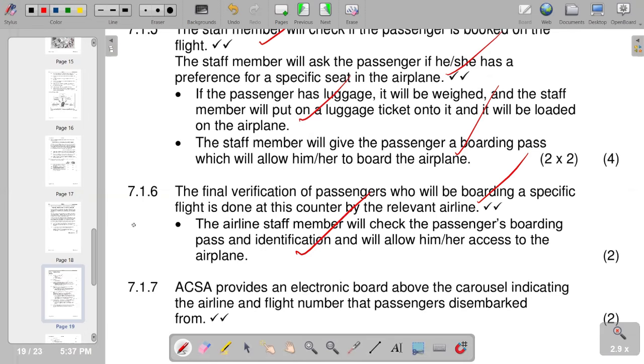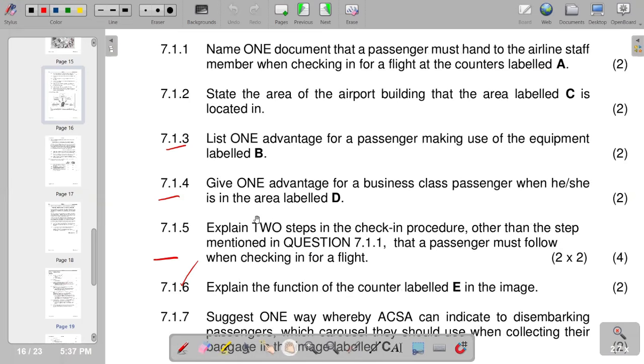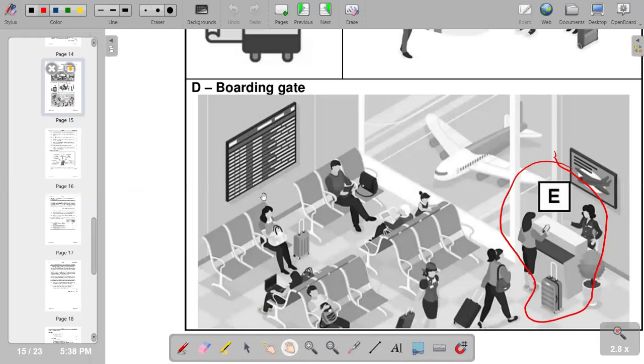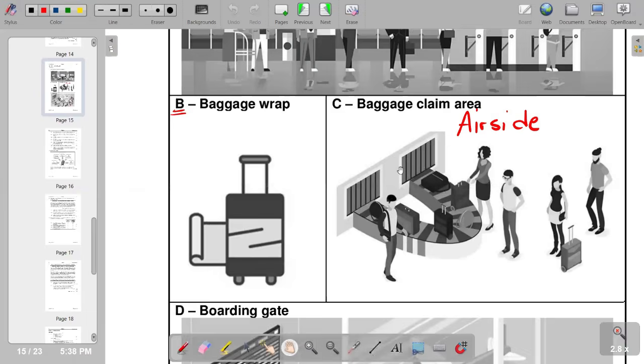And of course, 7.1.7 suggests one way whereby ACSA, and remember ACSA is the airport company of South Africa, can indicate to disembarking passengers which carousel they should use when collecting their baggage in the image labeled C. So in the image labeled C, we refer back to that image, which is the baggage claim area.